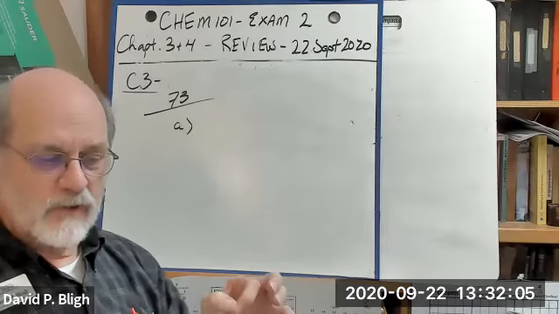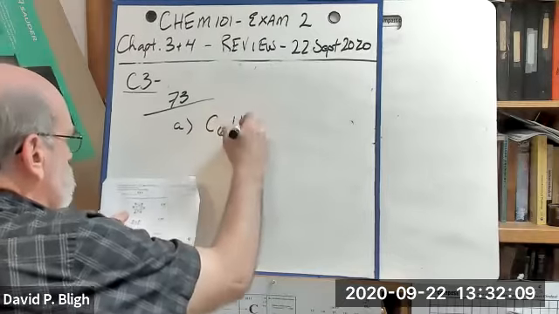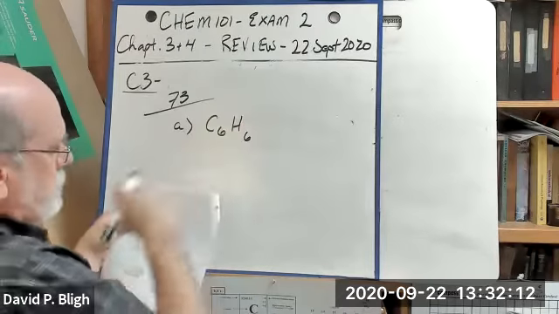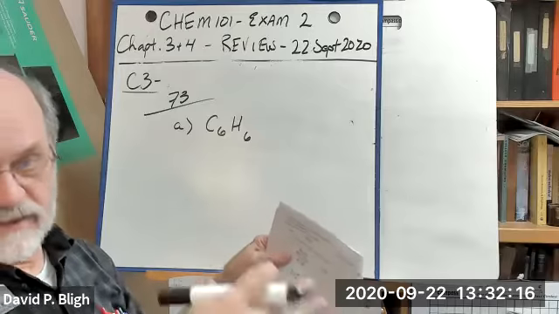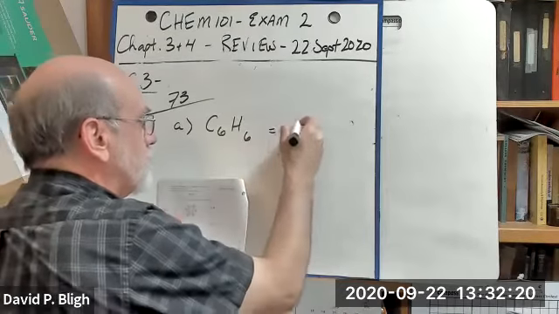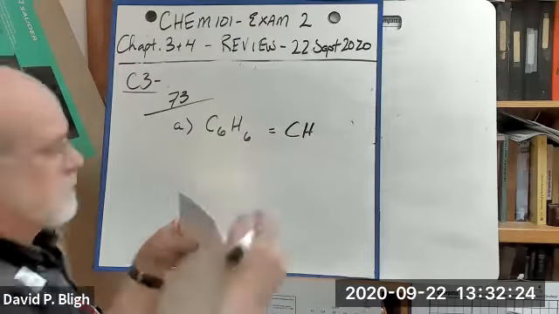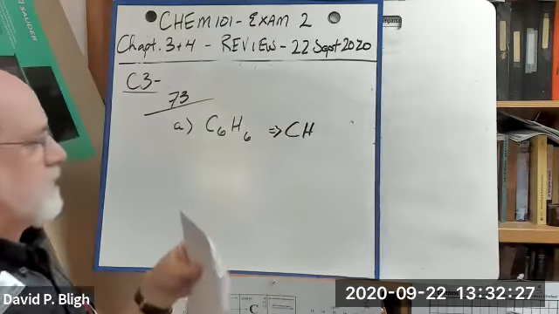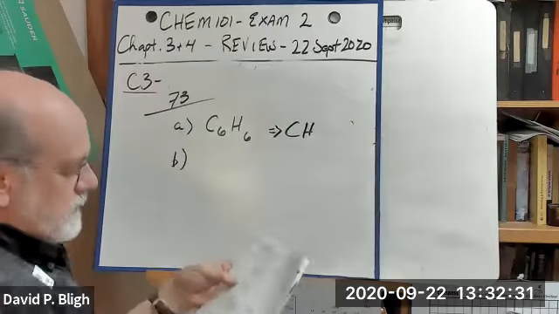So if you count up those carbons and hydrogens and say C6H6, that's wrong. That's only an intermediate step. The final step is to reduce it to that. That's the empirical formula.